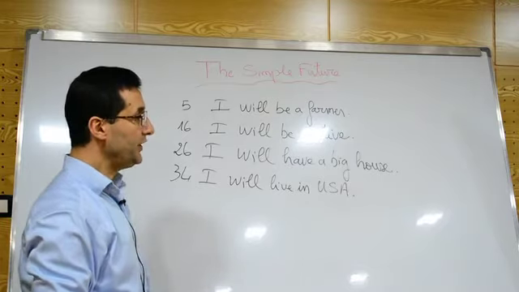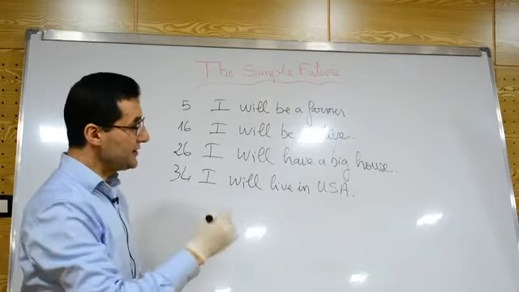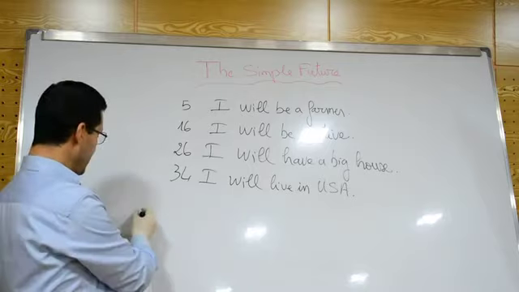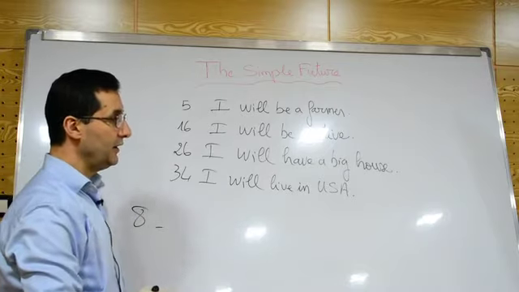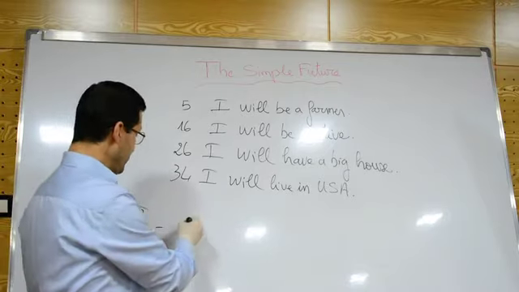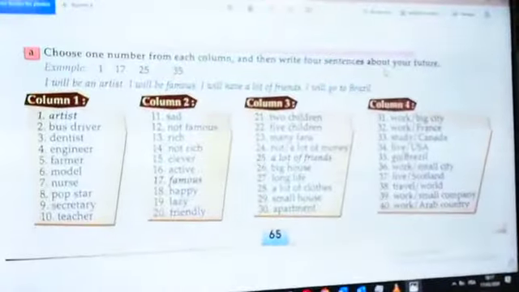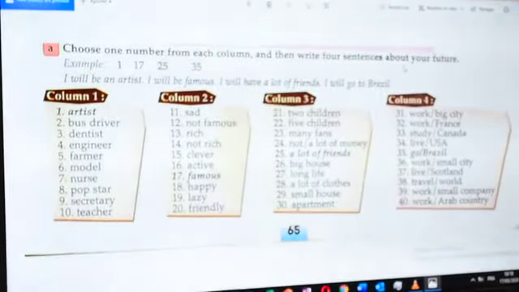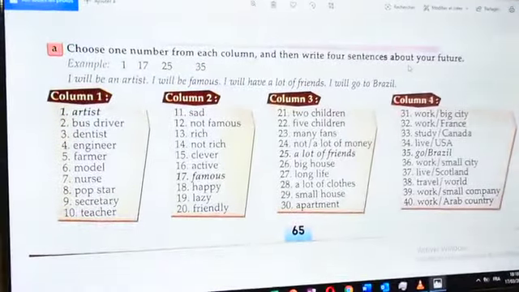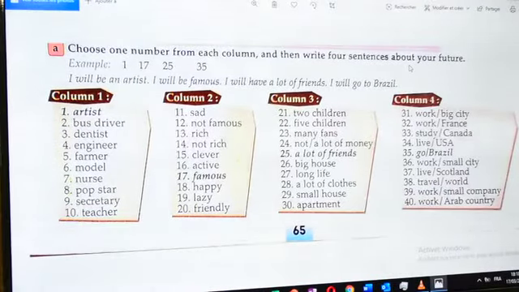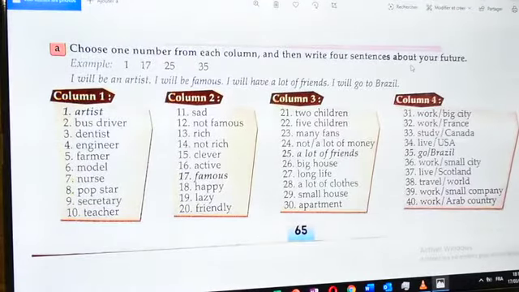Now, another exercise. Let's start, for example. Choose number 8 and number 17. Then you are going to choose number 22. And you are going to choose number 38.